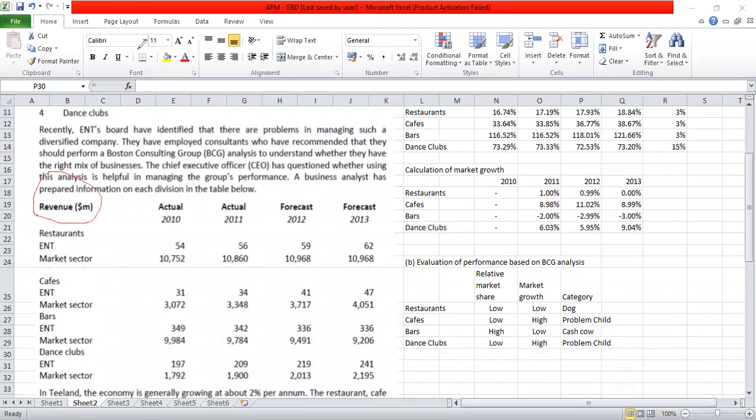We don't have any other information regarding ENT Entertainment. Only one variable, revenue, is taken into consideration. So that is not a complete evaluation. It is kind of biased, considering only revenue. What else should be there?